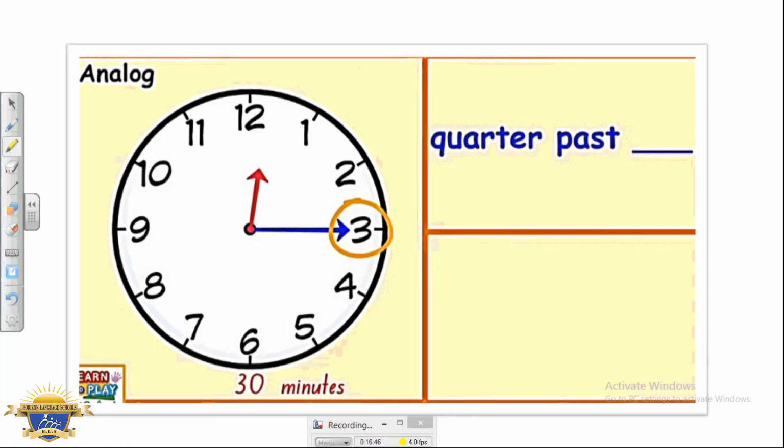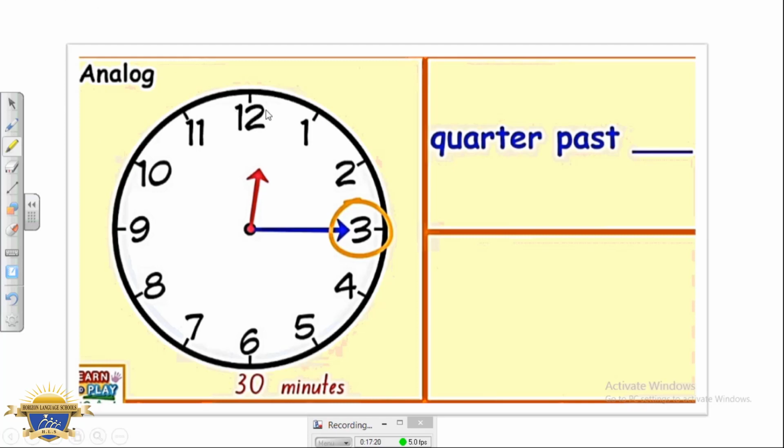Okay, the next example. We will look at the minutes hand, which is on number 3. So it's quarter past, and the hour hand is between 12 and 1. We said, if we say past, we will take the small number, which is 12.